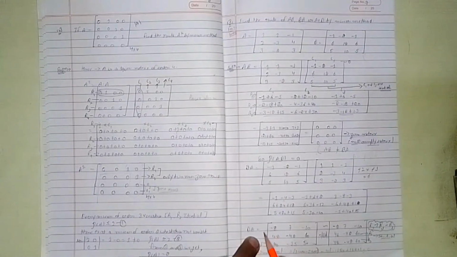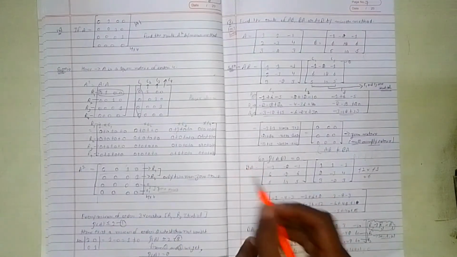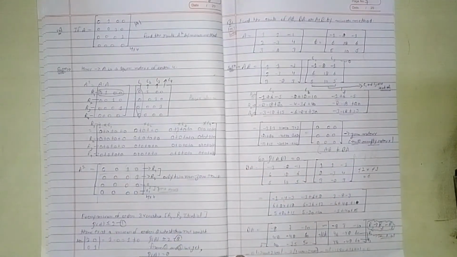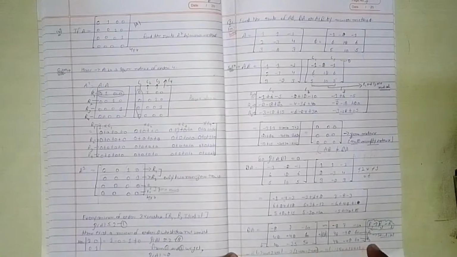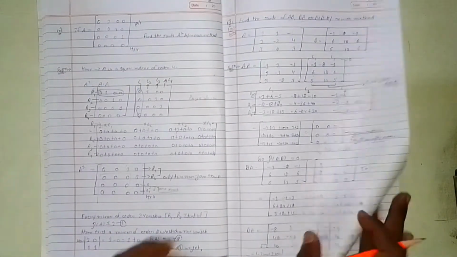If you solve BA by the minor method, you also get 0. Don't be tense if you do not remember. You have to use row operation or column operation. You just take the determinant and you get 0.